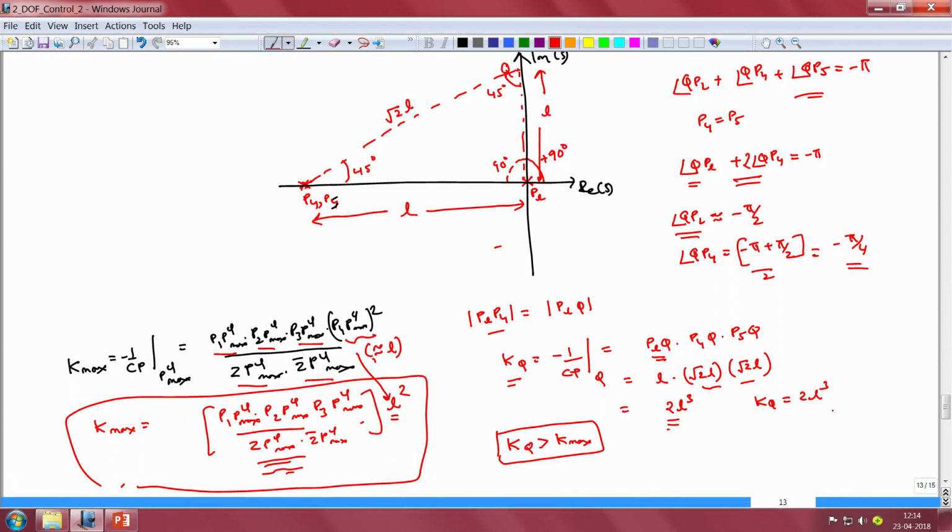So KQ was equal to 2L cube, and K max was given by this constant times L square. By setting KQ to be greater than K max, we can work out what the value of L had to be. Now these were the steps that we had adopted in order to obtain the position of the poles P4 and P5 and complete the controller design.